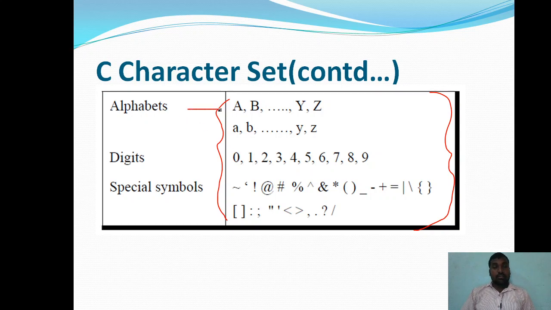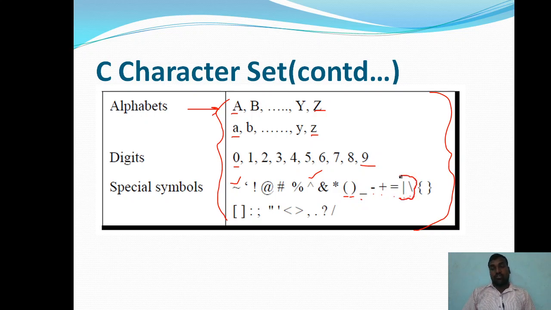Coming to the alphabets, it supports capital A to capital Z and small a to small z, and digits 0 to 9, so a total of 10 digits. Special symbols include caret, colon, exclamation mark, at the rate, hash, percent, and so on. And star, opening and closing parentheses, underscore, minus, plus, equals, divided by, backward slash, forward slash.